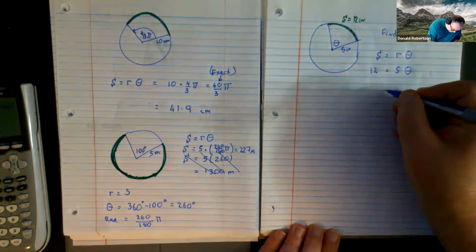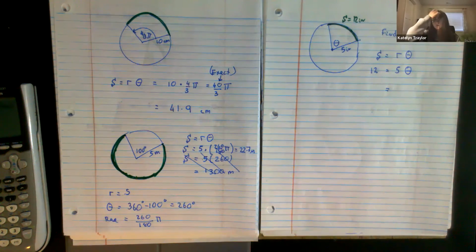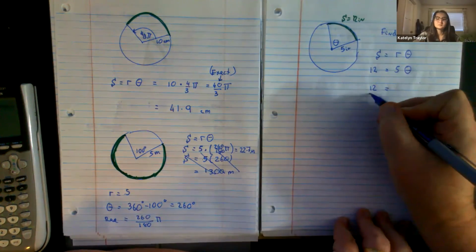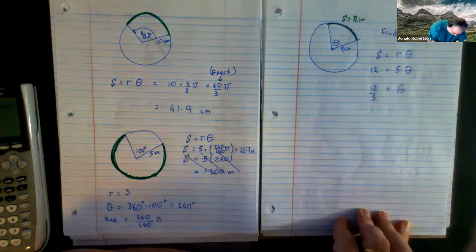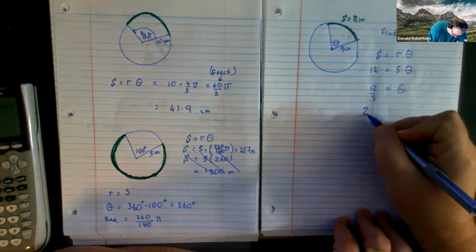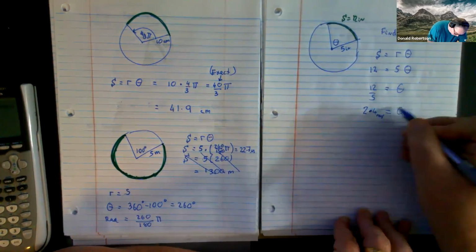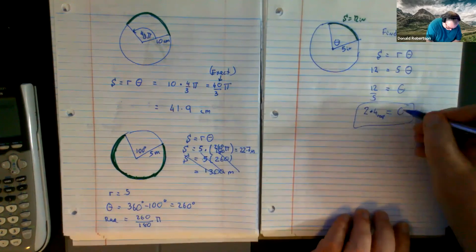So what do you do to both sides? Divide by 5. I hear you, both of you. 12/5 is good, but they'll probably want them as decimals, or most of these questions are. So what's that, about 2.4 radians? Yeah, not all radians are multiples of pi, right?